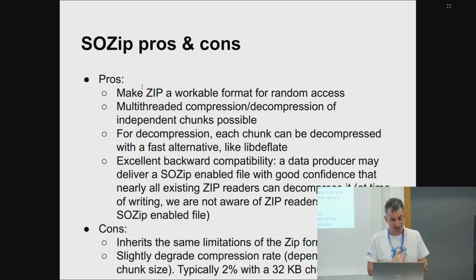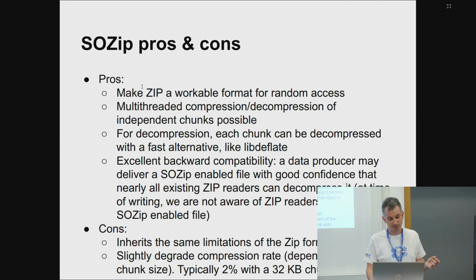And another good thing is excellent backward compatibility, because at worst, a zip reader will not be able to use the new capabilities. And on the tests I did, I couldn't find an existing zip reader that would reject a SOZip file. Well, maybe there are some, but I mean, it really has good backward compatibility.